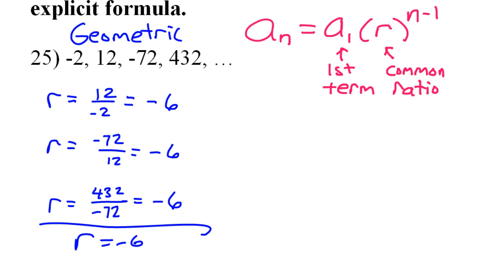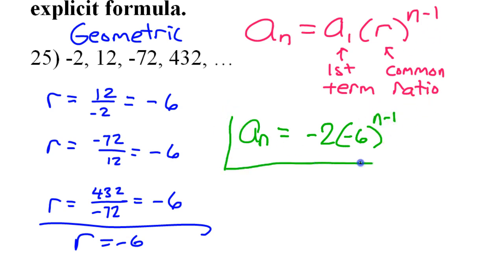Okay, so our explicit formula then will be an. All right, a1 is the first term, that's -2. So we'll have -2 times r, and that's -6, to the n minus 1 power. So this is the explicit rule that they asked for.